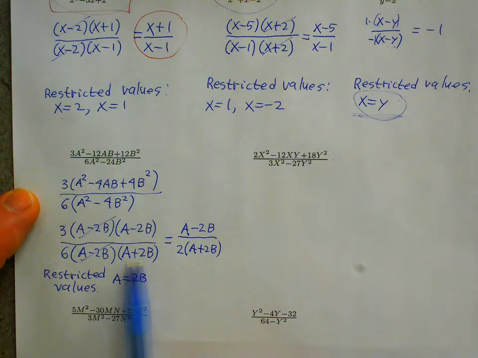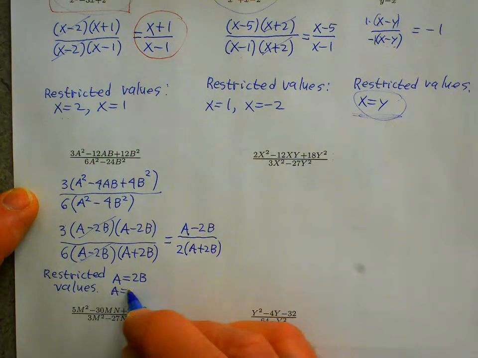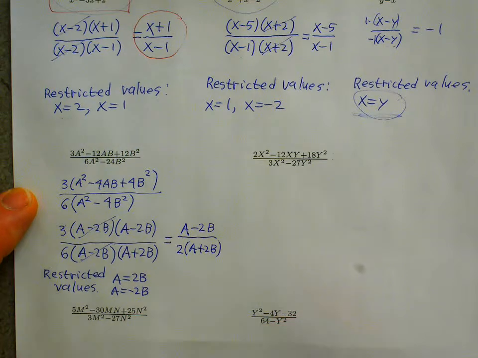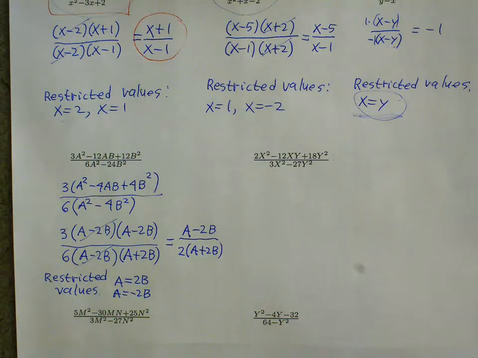The other factor, a plus 2b, anytime a is equal to negative 2b, then that's restricted. So for example, if you picked b to be 1 and a to be 2, then that would amount to a restricted value because that would cause division by 0.